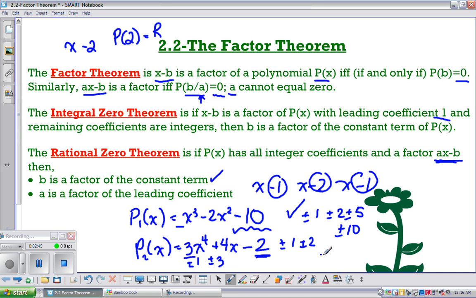So an example might be negative 2 over negative 3. You take one of these, this is your b value, and you take one of these, and this is your a value. Or if you were to write this, it could be 2x minus 3, or negative 2x minus 3. Different combinations because you have plus or minus.